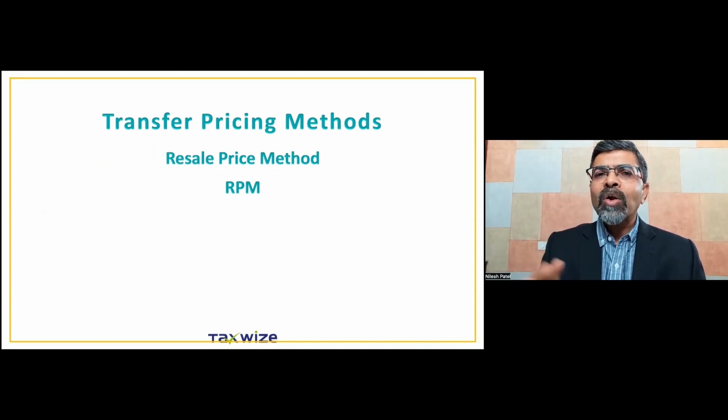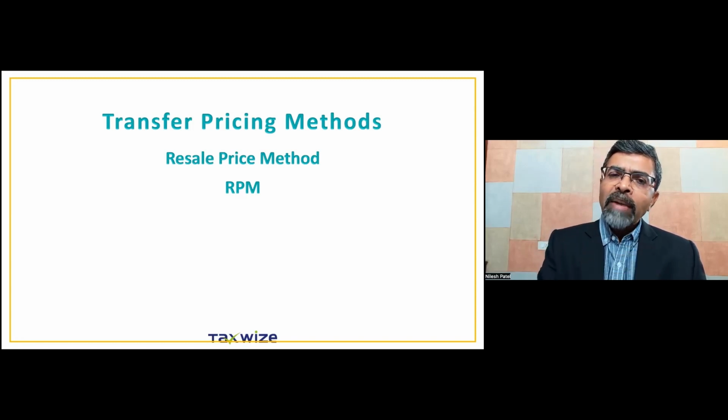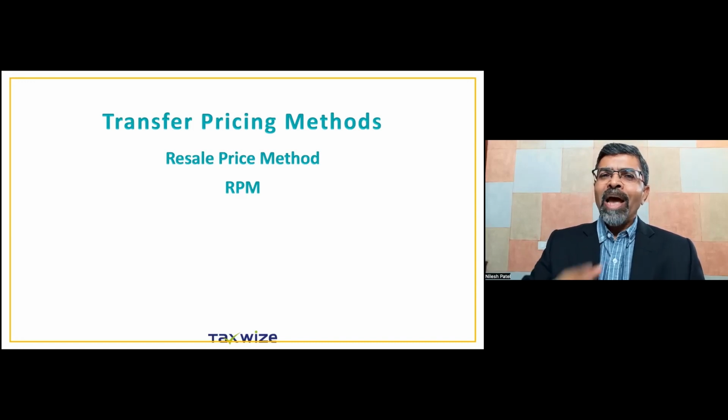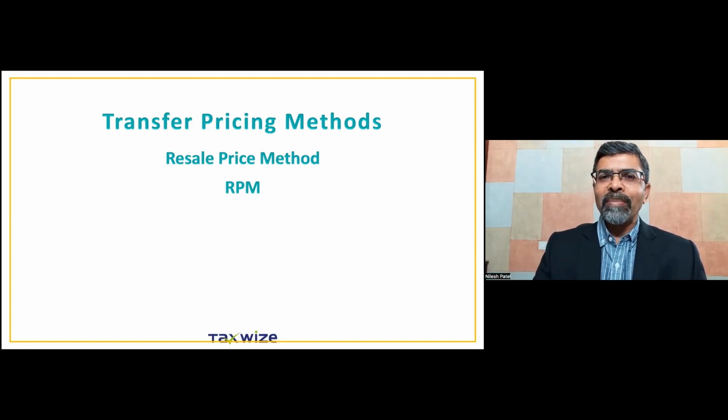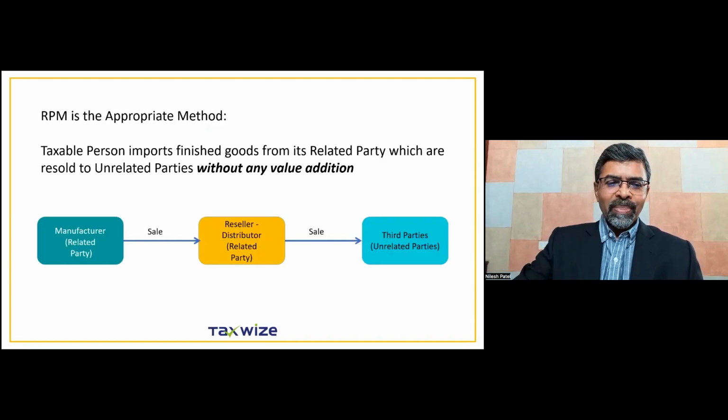They are called uncontrolled comparables. And we compare the gross profit earned by the related party, which is chosen as the tested party. Out of the 2 or more related parties participating in the transaction, we have to select one related party as the tested party, whose gross profit will be tested against the gross profit of uncontrolled comparables. This is how resale price method is applied.